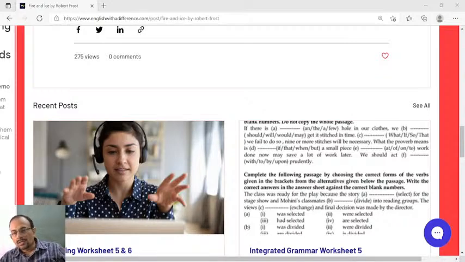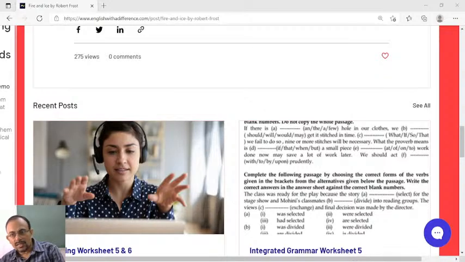And write literature answers in the proper manner. In the multiple choice questions you have to write the whole sentence. Suppose, for example, in the first question, 1A, second is the answer. So you write 1A, second, and then the answer word or answer phrase or answer sentence also you write.